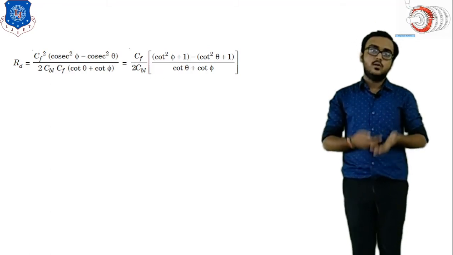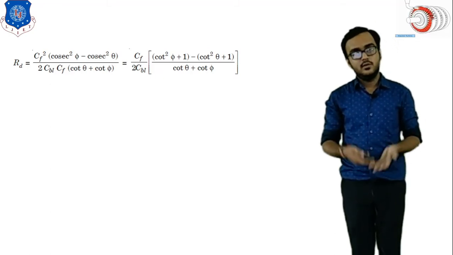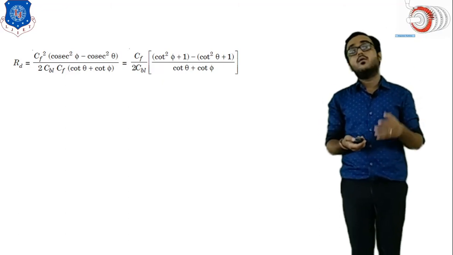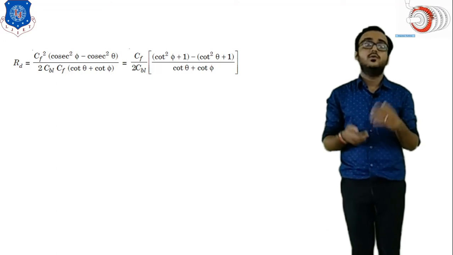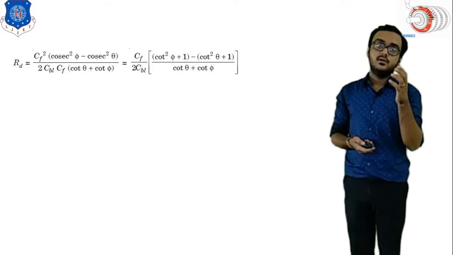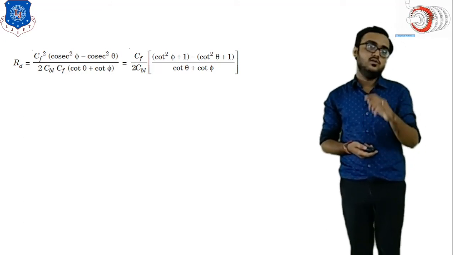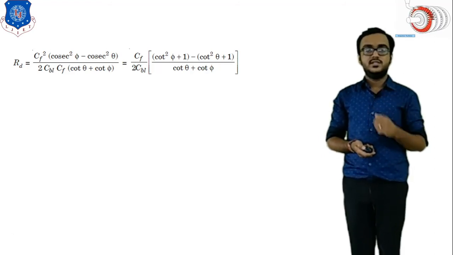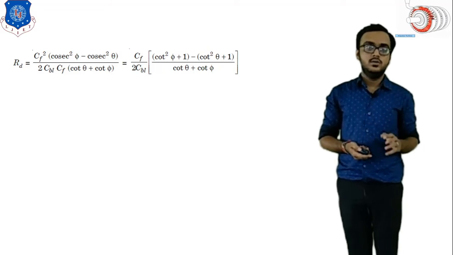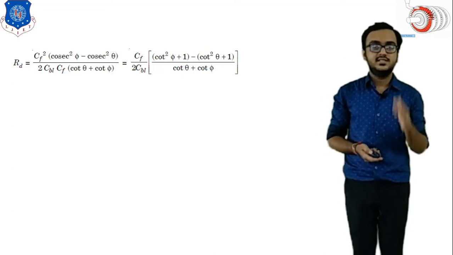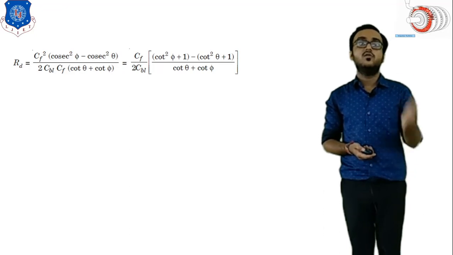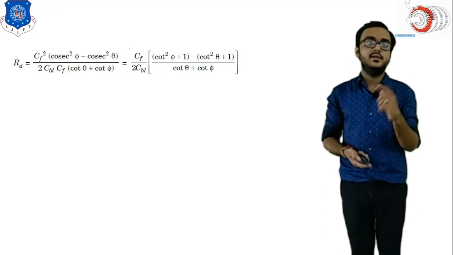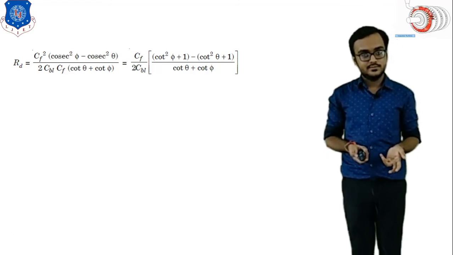Again we know that cosec square phi can be written as cot square phi plus 1, and cosec square theta is cot square theta plus 1. So just simplify this equation and you will get Rd is equal to Cf divided by 2 times Cbl, inside the bracket (cot square phi plus 1 minus cot square theta minus 1) divided by (cot phi plus cot theta).